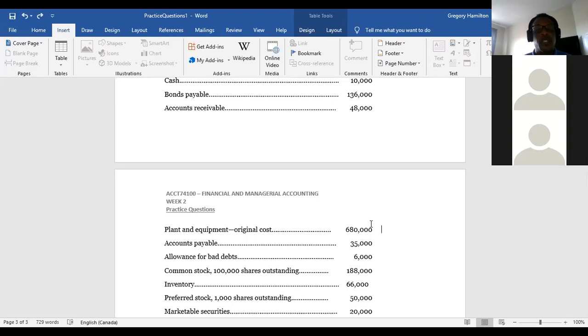And of course, allowance for bad debt is the company making an allowance from its receivable. It has an accounts receivable amount, and from that it assumes that a portion may not be collectible, and that will be taken away from the accounts receivable amount to find a net amount.